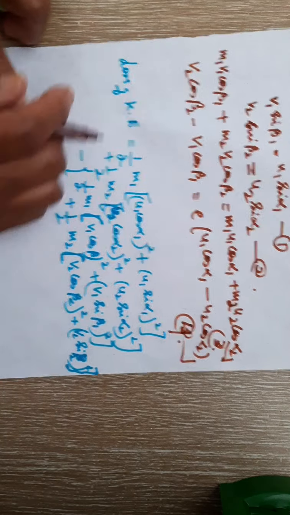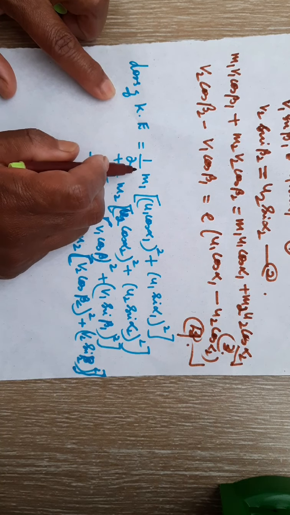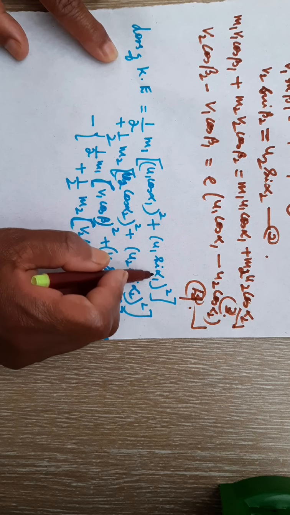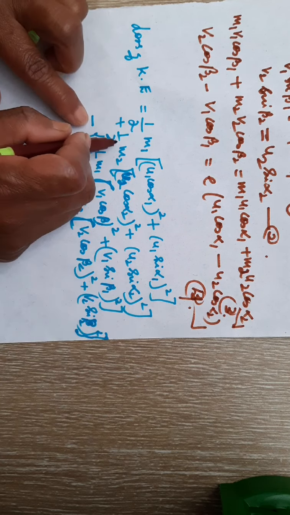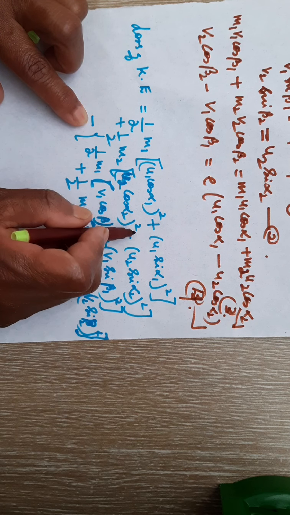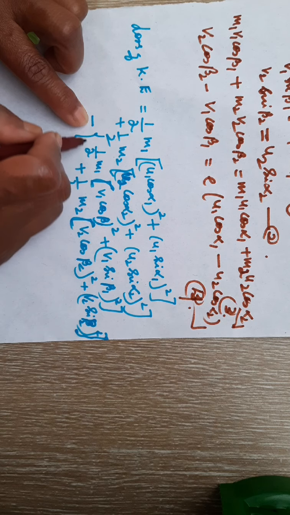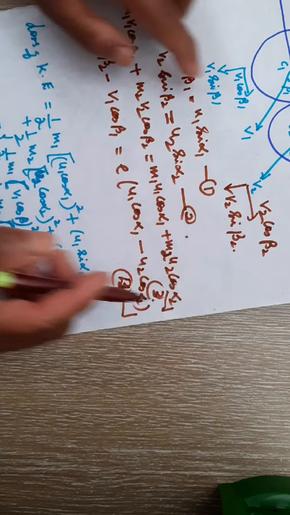So the loss of kinetic energy will be half m1 into (u1 cos alpha 1) whole squared plus (u1 sin alpha 1) whole squared, plus half of m2 into (u2 cos alpha 2) whole squared plus (u2 sin alpha 2) whole squared, minus the kinetic energy of the spheres after impact.